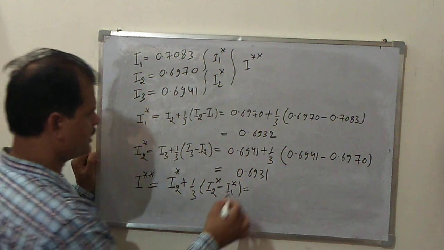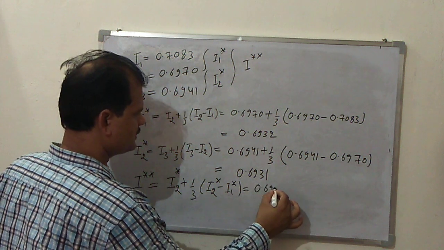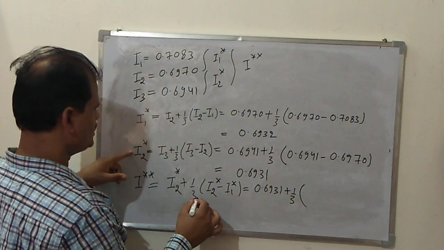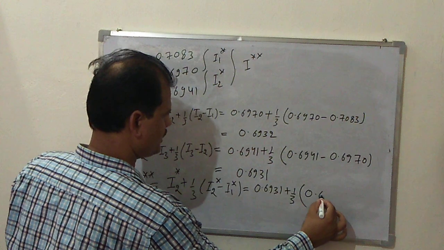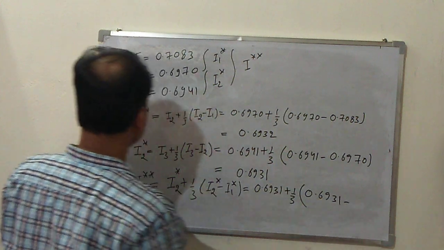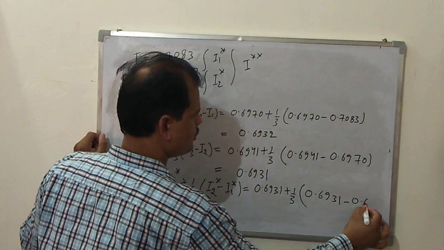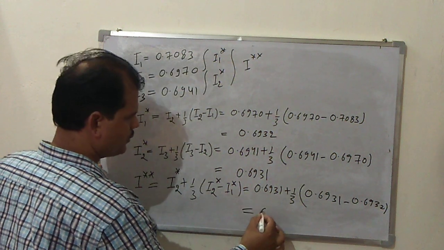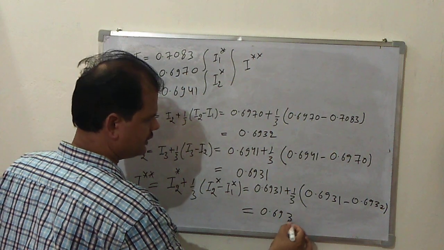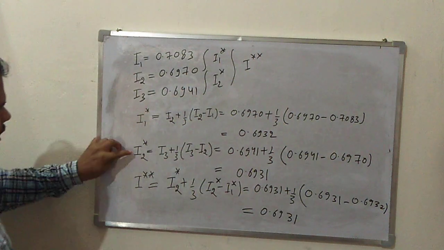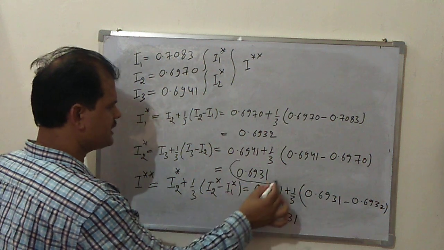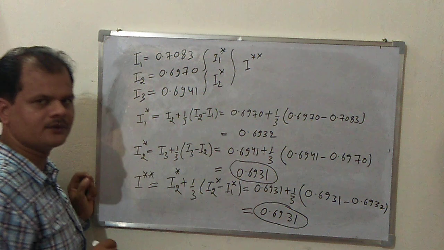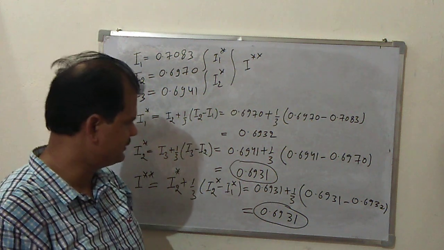So I2 star equal to 0.6931 plus 1 by 3 times (0.6931 minus I1 star, which is 0.6932). If we simplify, we get 0.6931. So you see that I2 star, 0.6931, and I star, 0.6931, are the same. So we can stop this iteration.